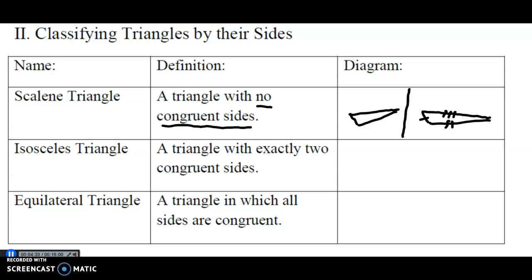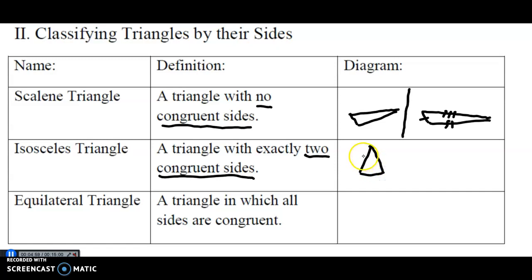The second classification by sides is an isosceles triangle. Isosceles triangles have two congruent sides, and the third side would be different. Again, I'm going to draw this two different ways. The first way you would see it, I'm going to try to draw two lines that are the same size, and one that looks a little shorter.